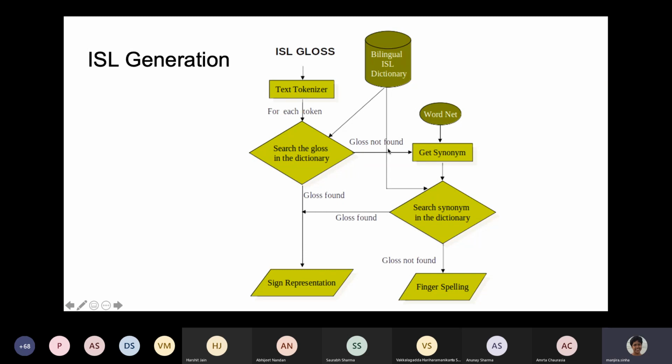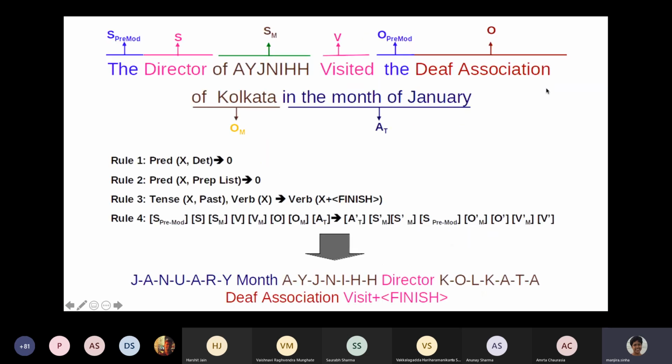If we find the synonym, we search again for the sign language representation of the synonym. Now say in some cases WordNet also cannot give you a synonym. Take for example this one. A synonym exists for a concept, right?